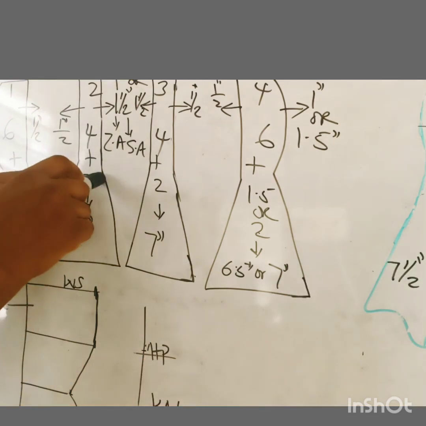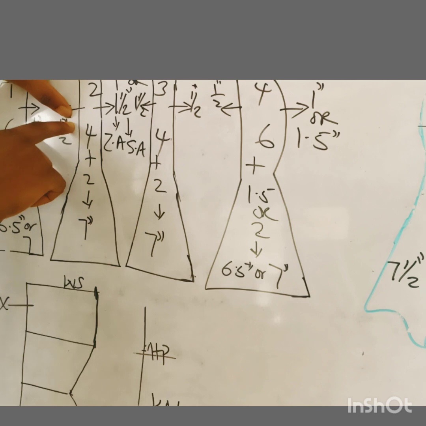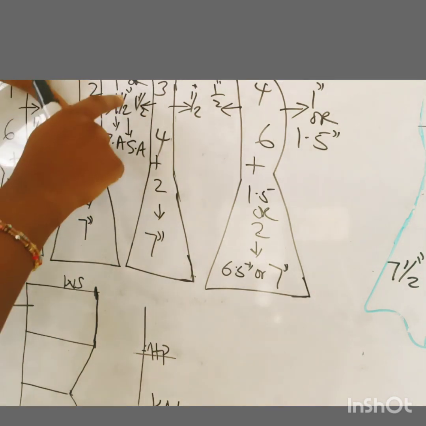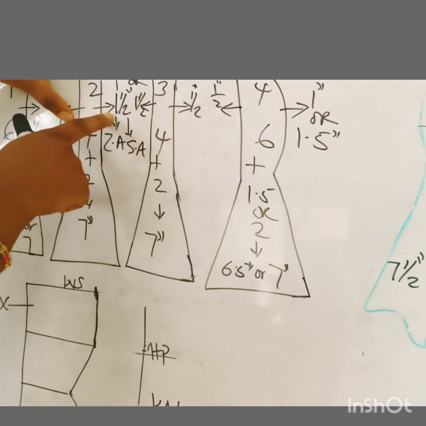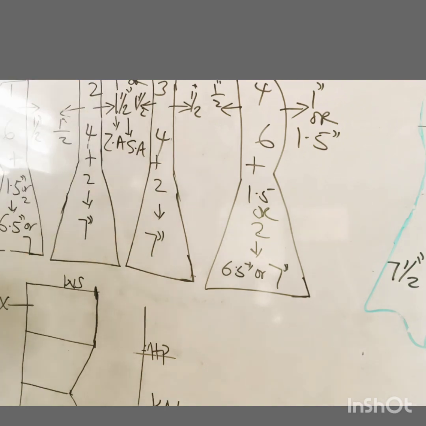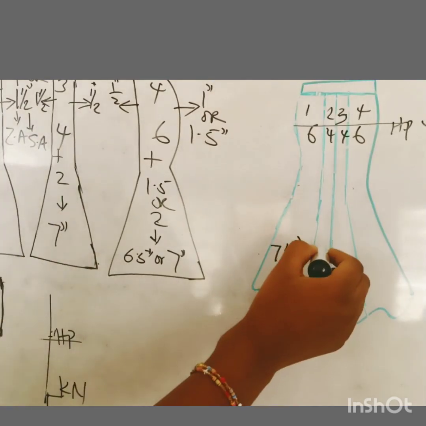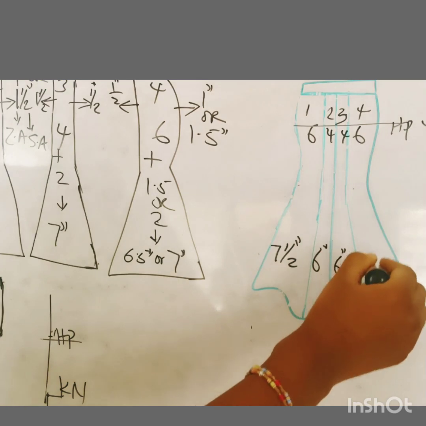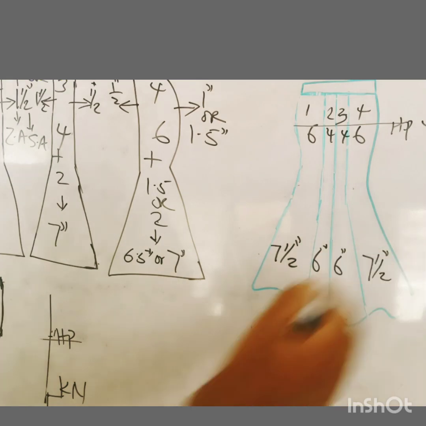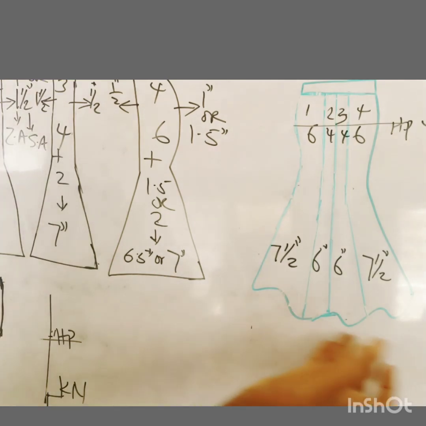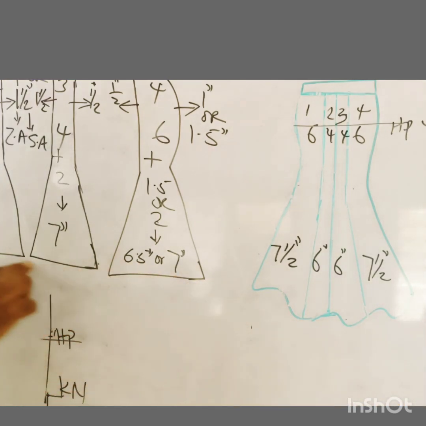And then for the middle, half inch here, and then half inch here, and then 1.5. That is 2. 2 plus 4, that will give us 6 inches. And remember that these two are the same, so here will also be 6 inches, while here will be 7.5 inches.